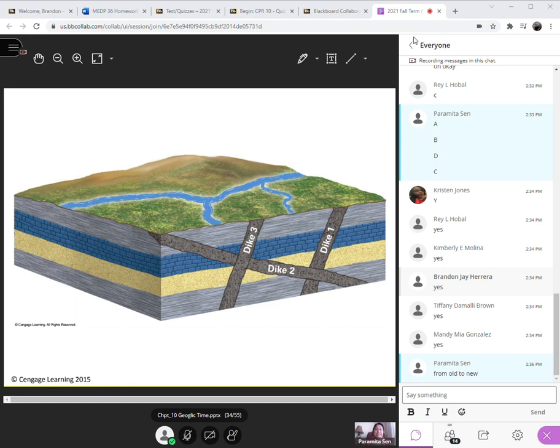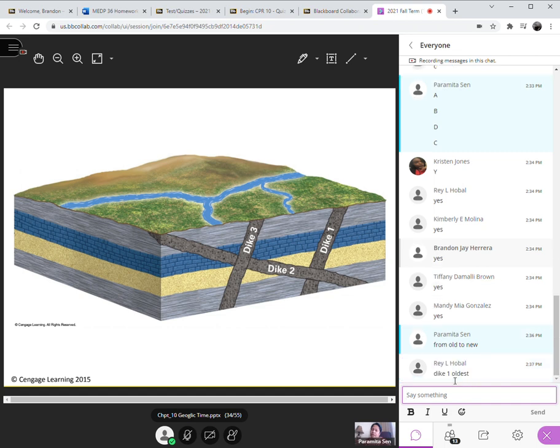There are always cracks in the bottom of the earth, under the earth's crust. So now look at dike 1, 2, and 3. Which is the oldest, which is the newest? Please mark it. Dike 1 is the oldest, someone said. Everybody agrees with him?